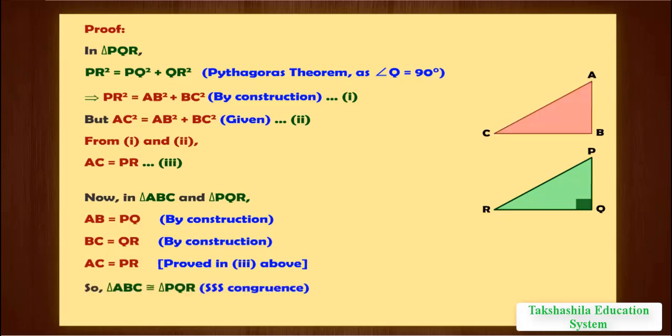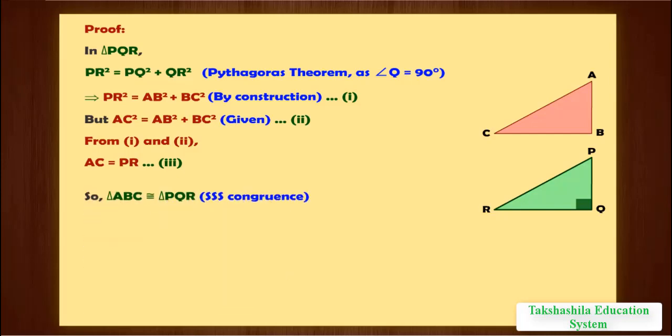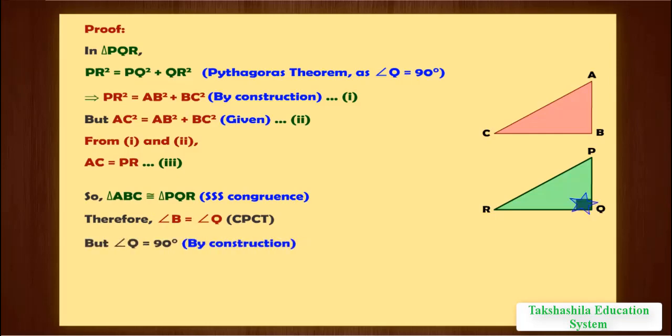So, triangle ABC is congruent to triangle PQR by SSS congruence rule. Therefore, angle B is equal to angle Q by CPCT. But angle Q is equal to 90 degrees by construction. So, angle B is equal to 90 degrees.